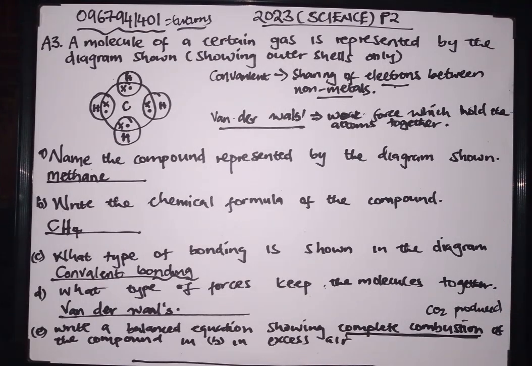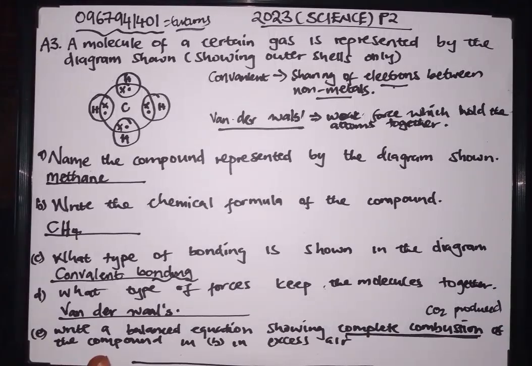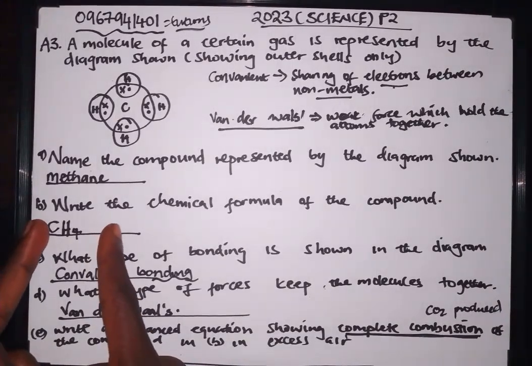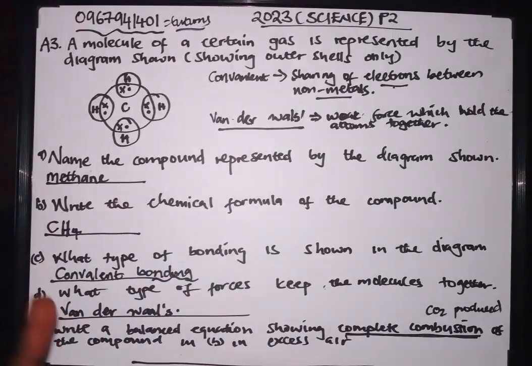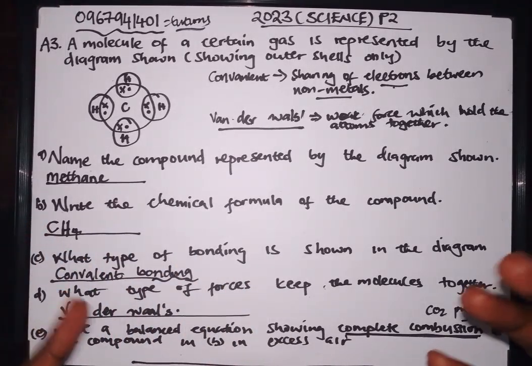When they say this reaction is a combustion reaction, remember it is reacting with oxygen. So they are asking us to write a balanced equation showing our molecule reacting with oxygen in a combustion reaction.